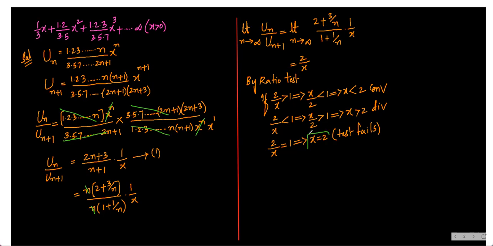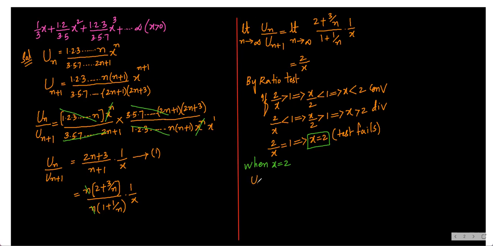we can see when x is equal to 2, what happened? When x is equal to 2, what happened to our problem? Substitute 2 for x.